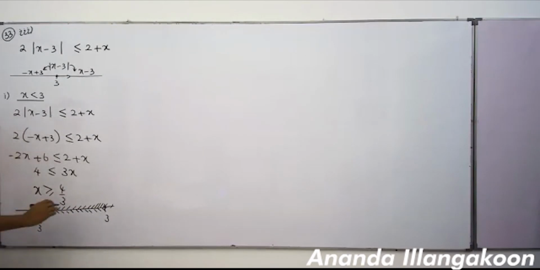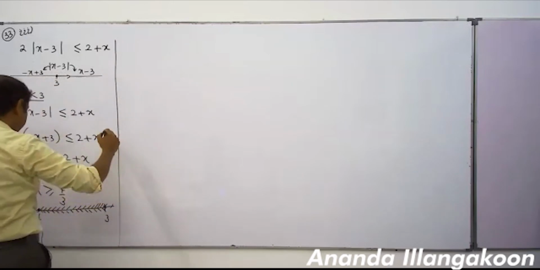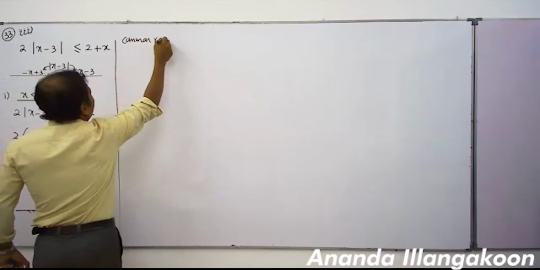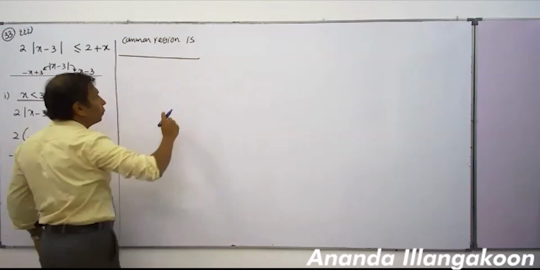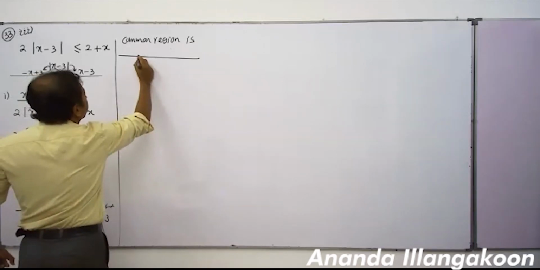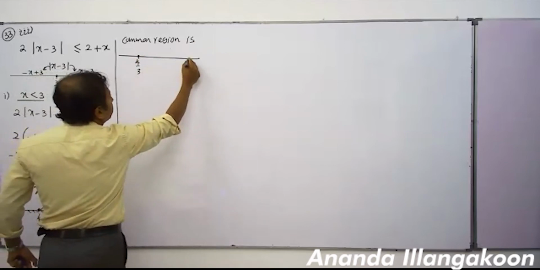Common region is what? The two shaded areas have the common region 4 by 3, including, up to 3, excluding.